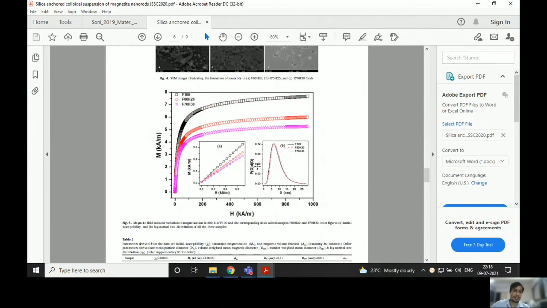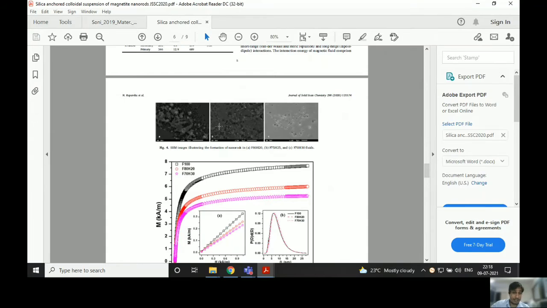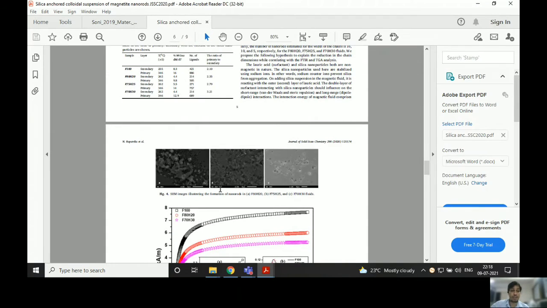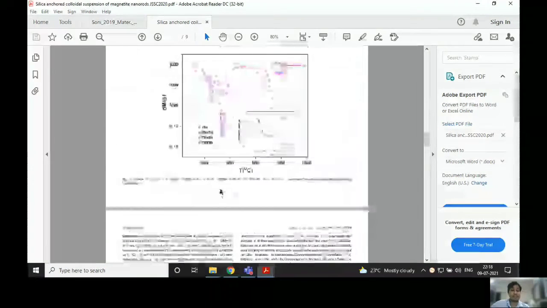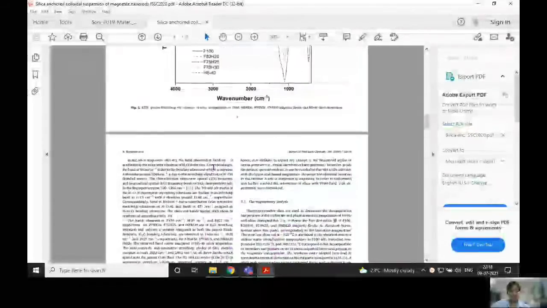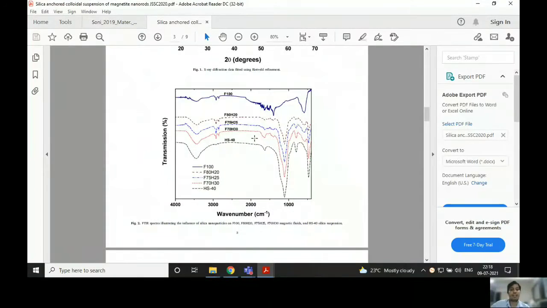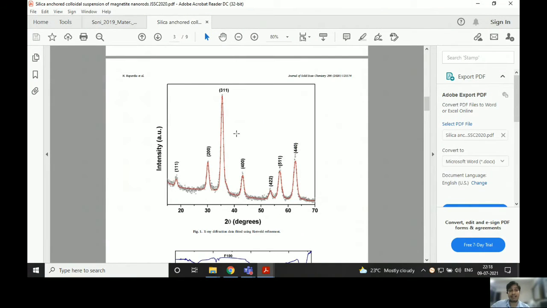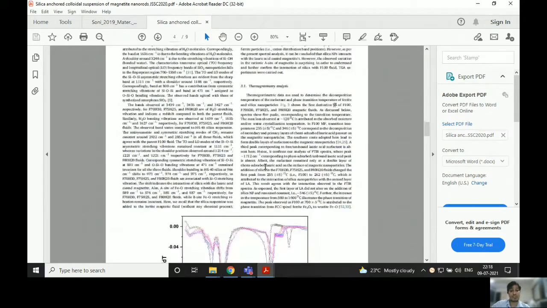Then here there is a magnetization, then some SEM image, scanning electron microscopy. Then another graph like TGA analysis, the FTIR graph, and the XRD graph. By looking at those graphs or results, you will be able to understand what each is showing.